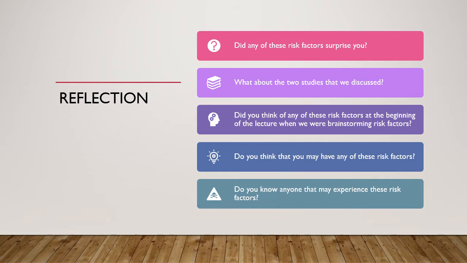Did you think of any of these risk factors at the beginning of the lecture when we were brainstorming? Do you think that you might have any of these risk factors? Have you experienced any of them? Do you know anybody that may have experienced any of these risk factors? Now, I know that talking about whether or not you or anybody you know has experienced these risk factors is personal, so if you don't want to share that on the internet, you don't have to.